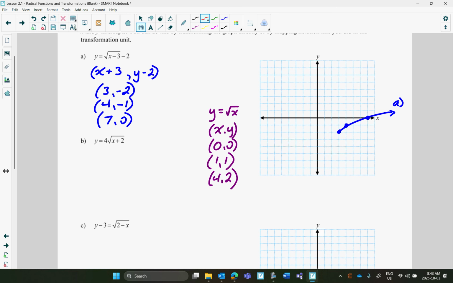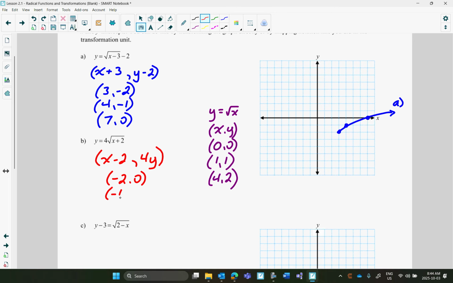For our second one, y equals 4 root x plus 2. What would the mapping notation formula be? x minus 2, 4y. So again, we go back to these three, and we're going to get negative 2, 0.